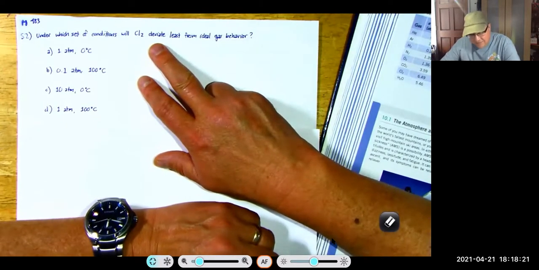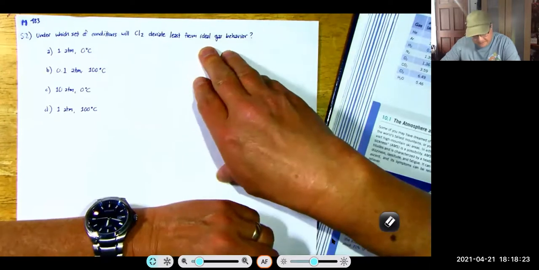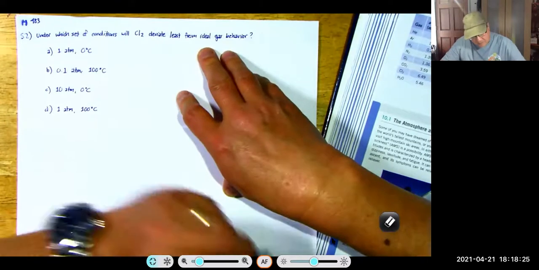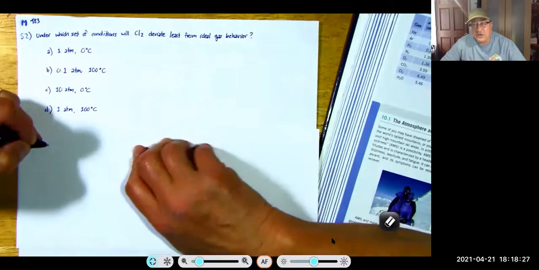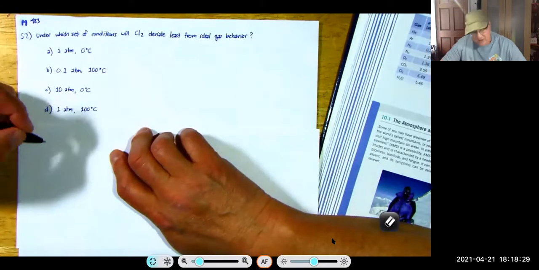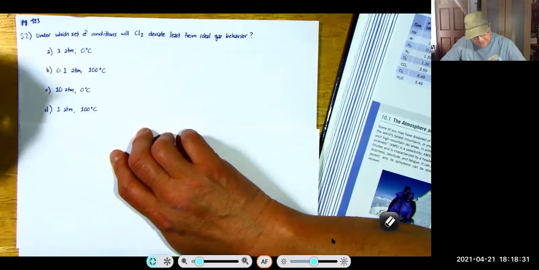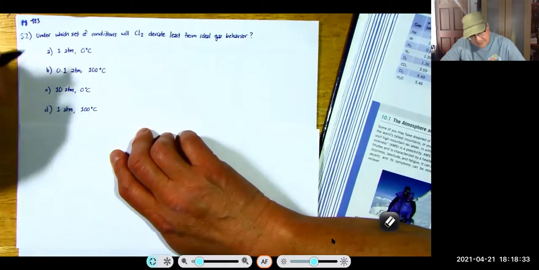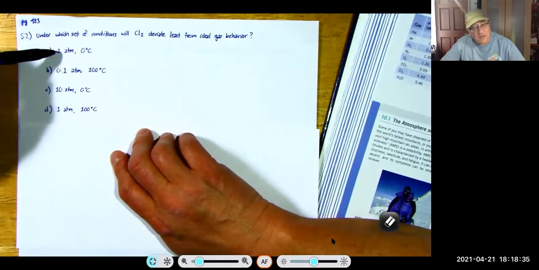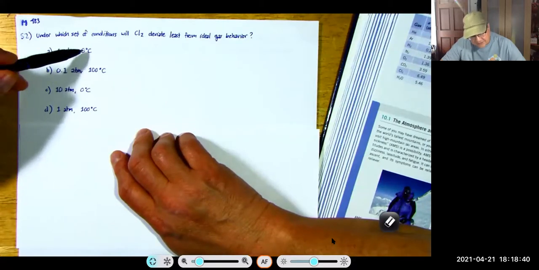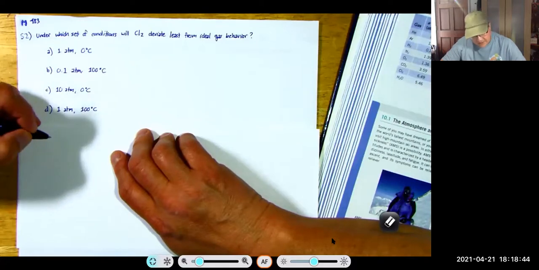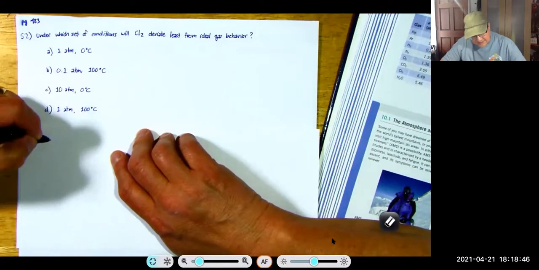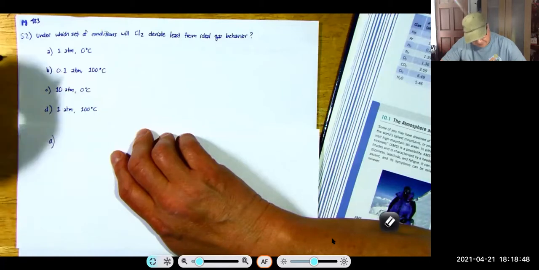Because to deviate from ideal gas means not ideal. So we need to think about what seems to be regular pressures and regular temps. Well, I would say that 1 atmosphere is definitely a regular pressure. Absolutely. And 0 degrees Celsius seems to be a pretty regular temp. So I think A does not deviate very much.